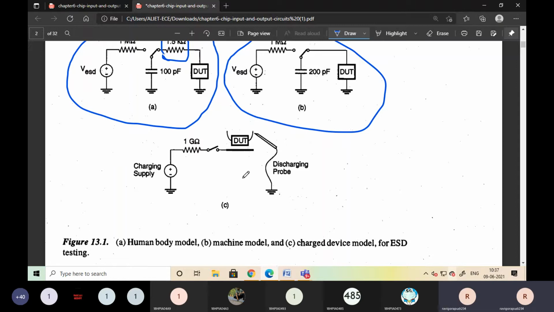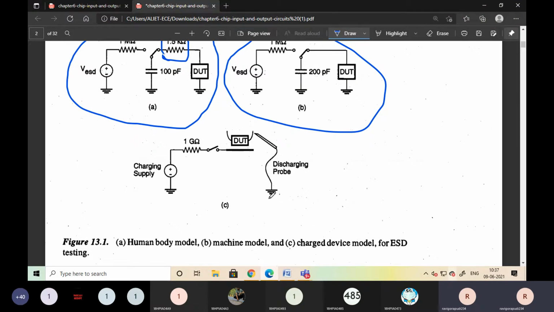Third model. The charge can be accumulated either during the chip assembly process or in the shipping tubes. The CDM ESD testers electrically charge the device under test and then discharge it to ground.